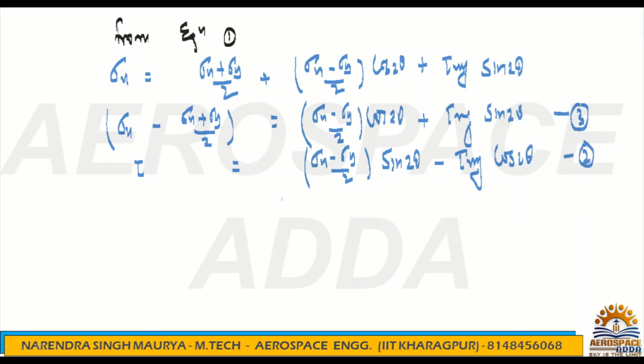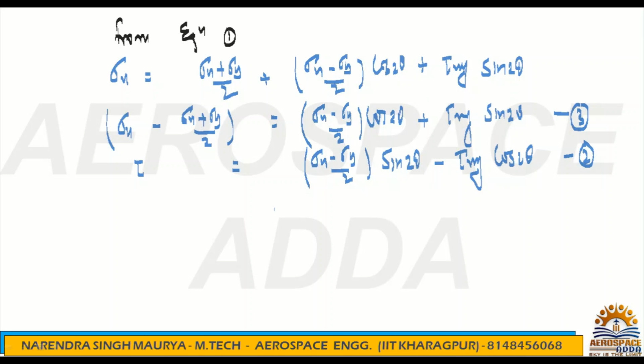Now see equations 2 and 3. What are we going to do? If you see the common thing, instead of theta we have 2 theta, only the rest is the same. So we want to eliminate the parameter, basically 2 theta. Then what we'll do?